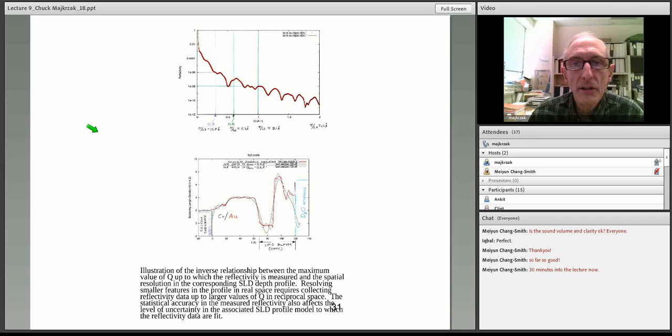Moving right along, here is a typical neutron reflectivity curve on a log scale that corresponds to this biological membrane system, which is a generic version of systems that are very often studied by biologists.